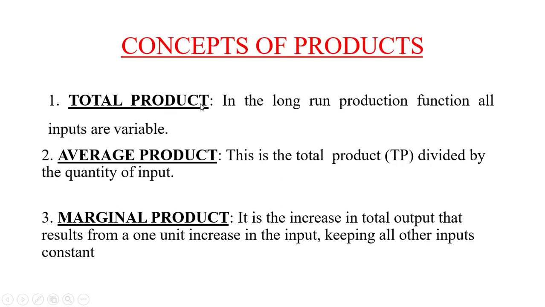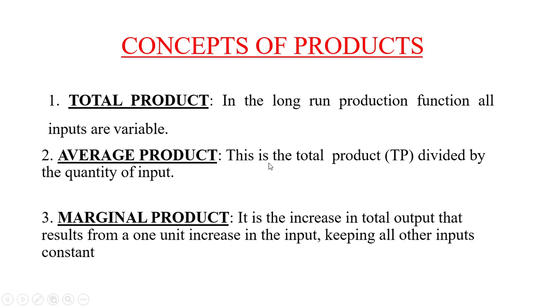Total product means all the inputs are variable. That means long run production function, as I have already explained to you, where the inputs, that is the labor and capital, can change as the need of the production. So total product means both the labor and capital can be changed.